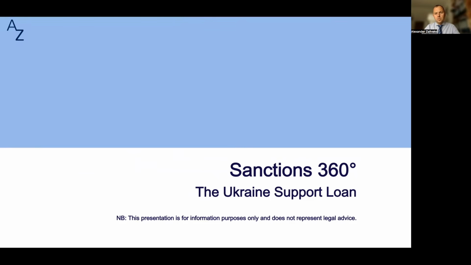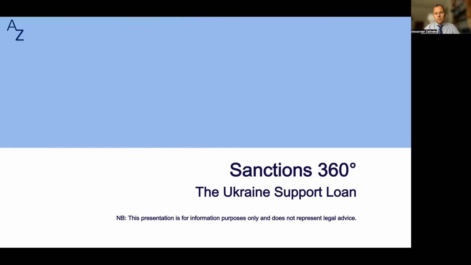In this video, we will look into the main element of a so-called Ukraine support loan, which is an unprecedented financial aid accorded by the European Union in support of Ukraine in its war against Russia.